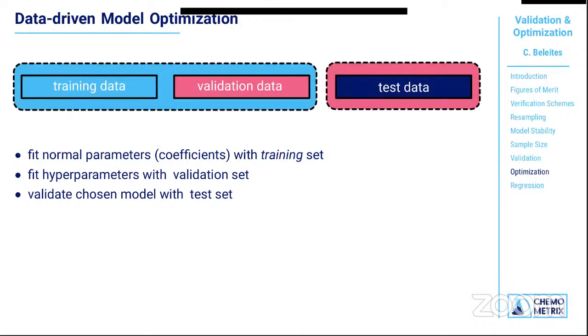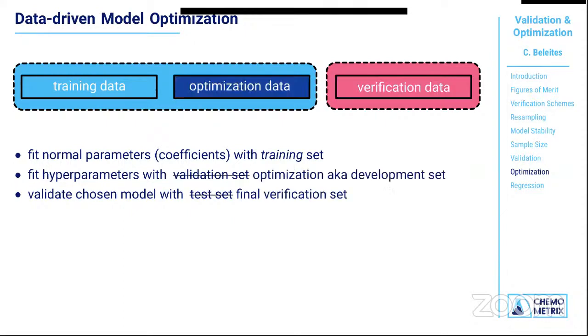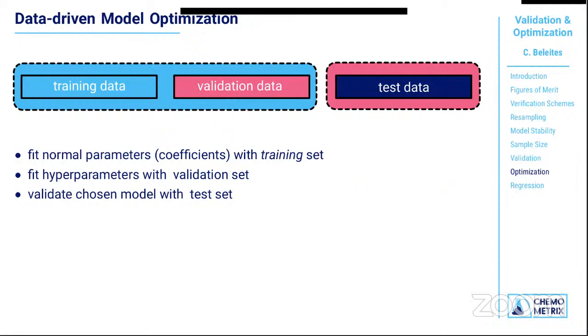And therefore, because really all this in the dashed blue area is somehow involved with model training, or at least development or optimization, I decided to call the second set here optimization set. Others call it also development set, which is also fine in my opinion. And I'm going to call the third set verification data in order to not have the confusion with what is called validation data in the other terminology.